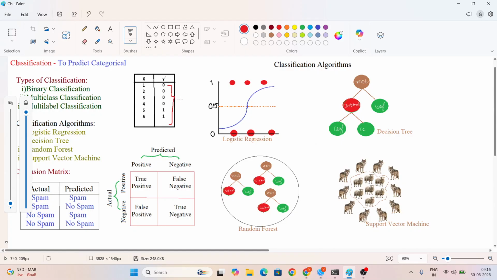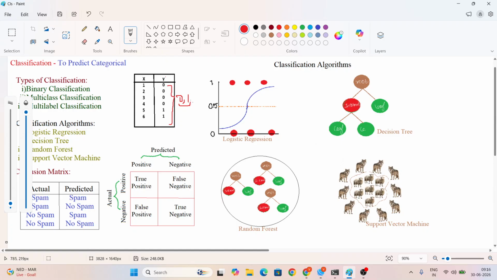Guys, this is a binary classification. It means we are using only zeros and ones. If you are using more than that, it is called multi-class classification. Binary classification has only two elements, zeros or ones.